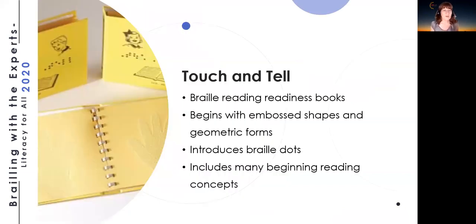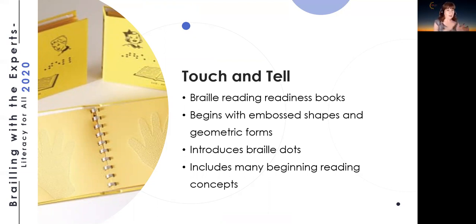Okay, so the Touch and Tell was a supplemental series that I used with beginning Braille readers. This would be kind of a very first step in getting them practice using their fingers and hands to feel and gain information. They are Braille reading readiness books.